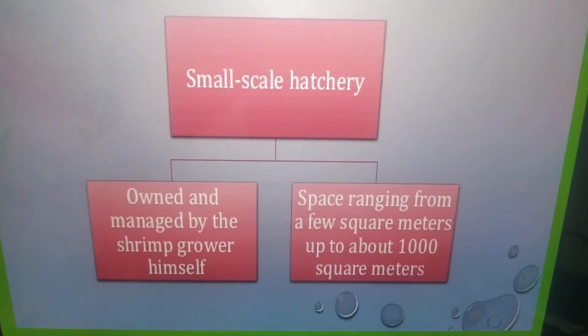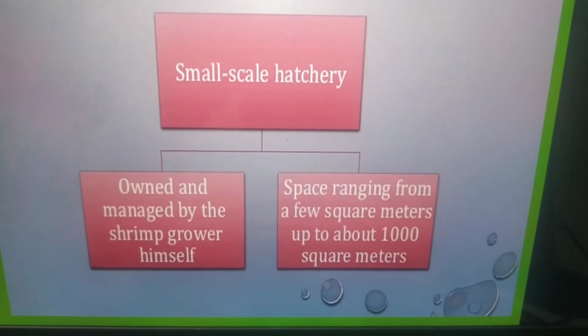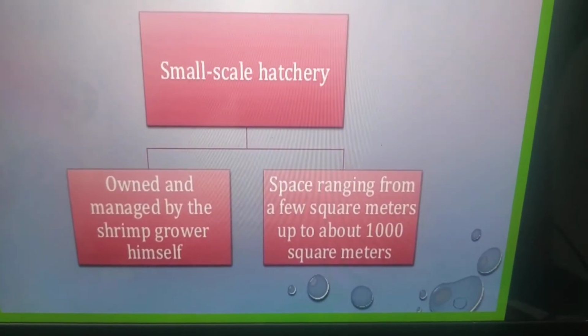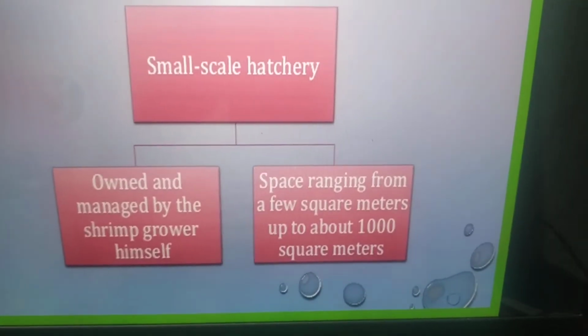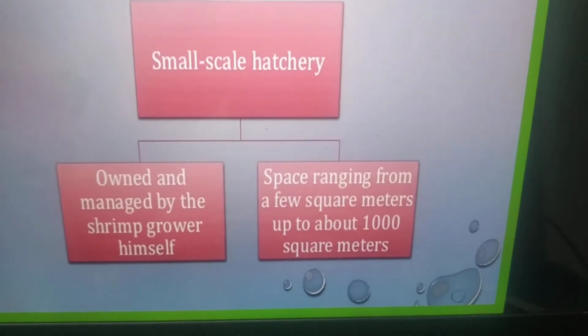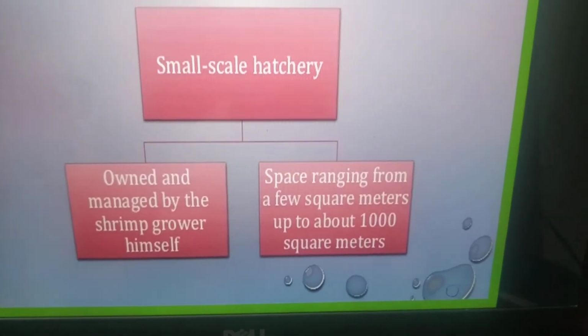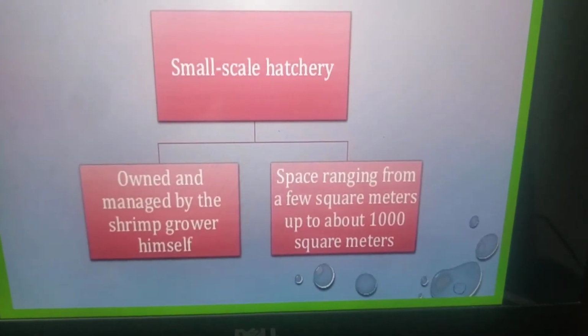This is very small in nature. Usually the hatchery owners are involved and no labor is used, and the production may be for their own purpose. If it is in excess, it goes for sale, but mostly the main aim is their own purpose.